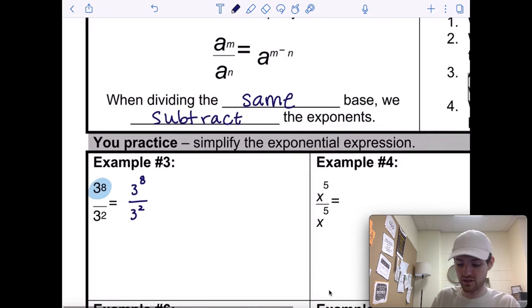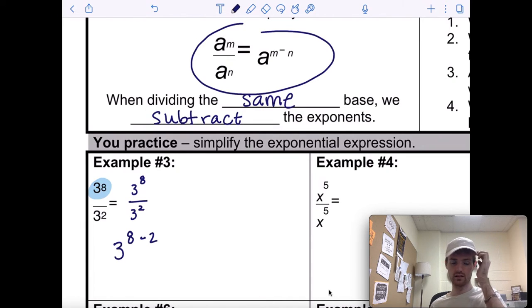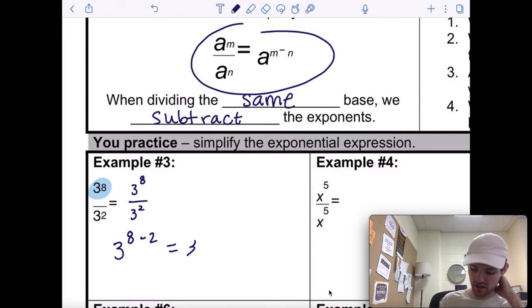So when we do this process, we'll write it like this. We start with the biggest exponent, 3 to the 8th, and then we subtract the other exponent. So 3 to the 8 minus 2 simplifies to 3 to the 6th, right?